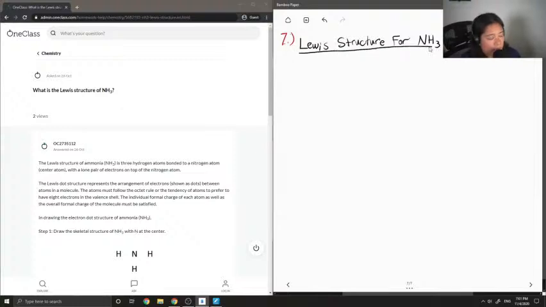So I'll just go over it one by one. The first step is to find the total number of valence electrons.